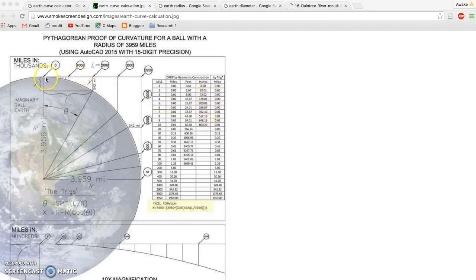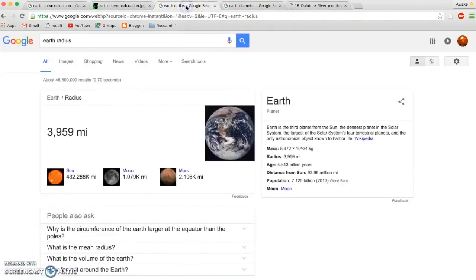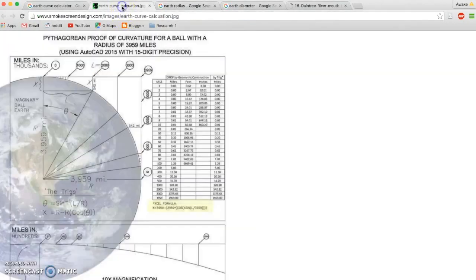But the important thing is that the Earth with a radius of 3959 is what they say. So just to verify that, 3959 is what Google says the Earth's radius is.